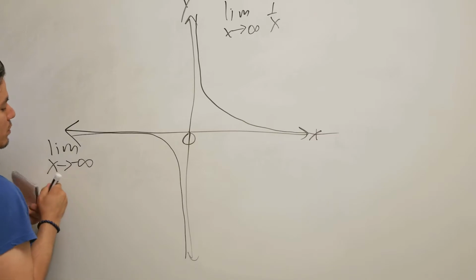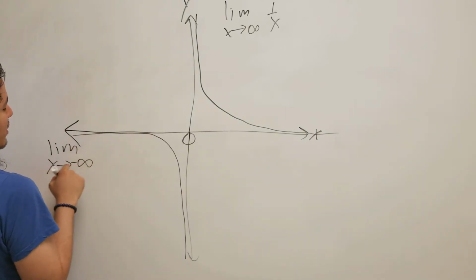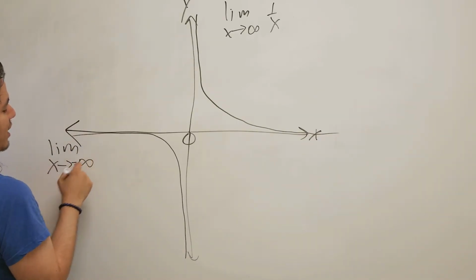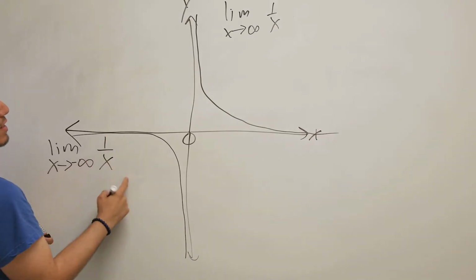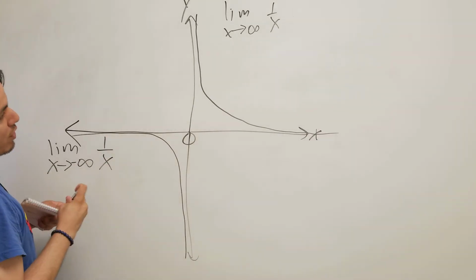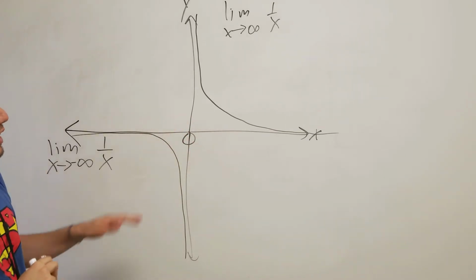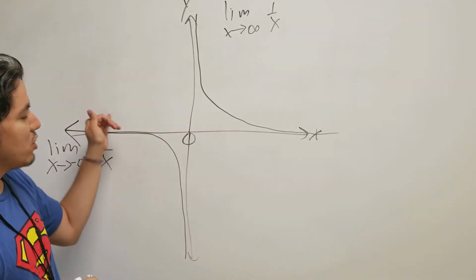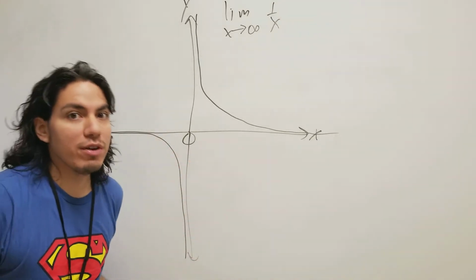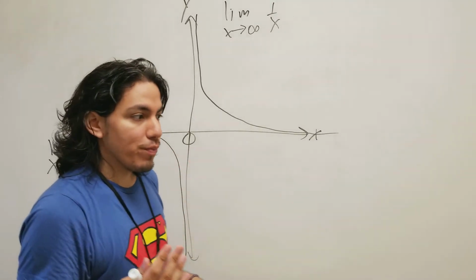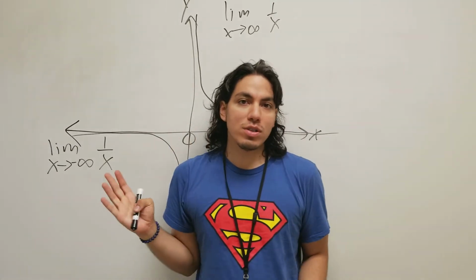So, I forgot to put the rest of it. The limit as x approaches negative infinity of 1 over x, that's this function here. You see how they're inverses of each other, but they cannot really risk touching 0, because thus we have undefined. So that's the horizontal asymptote.